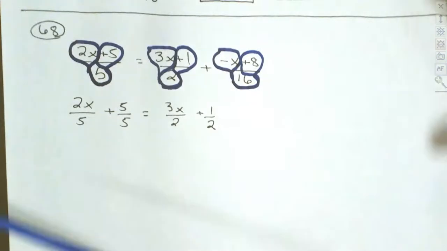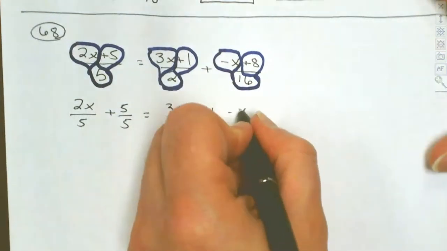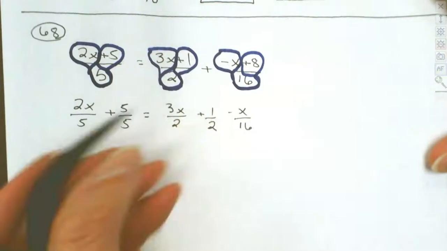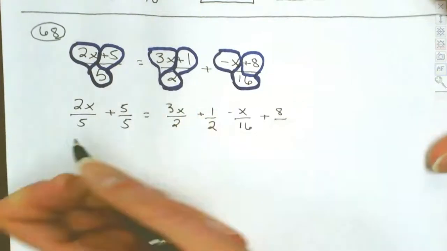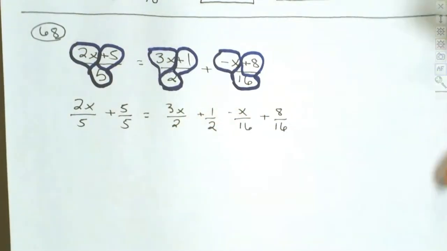So we're now left with a minus x over 16 plus 8 over 16. And we could break them down and we could combine them together. I generally don't do that because students struggle with fractions, and the best thing to do is get rid of the fractions at the very, very beginning. That way we don't make a mistake. Fractions just look more difficult. They're not. We're going to get rid of them at the very beginning.